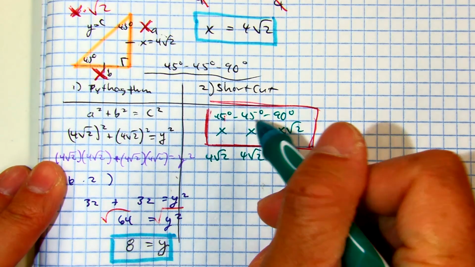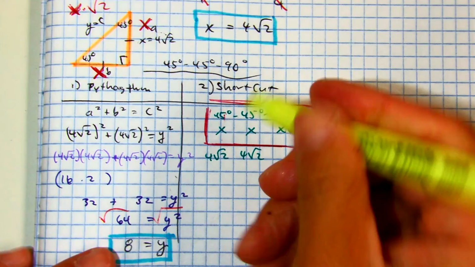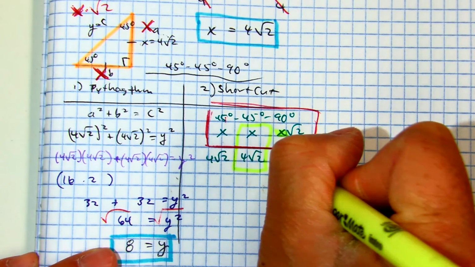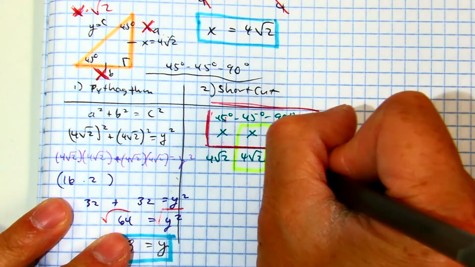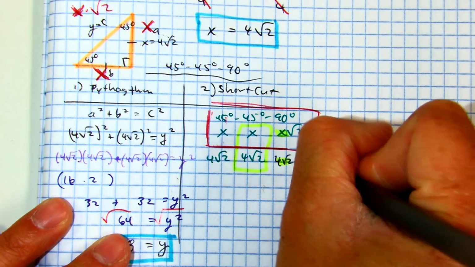Let's see if I can use a color to help you. I'm basically going to take x equals 4 radical 2 and put it right there. So I have 4 radical 2 times radical 2.